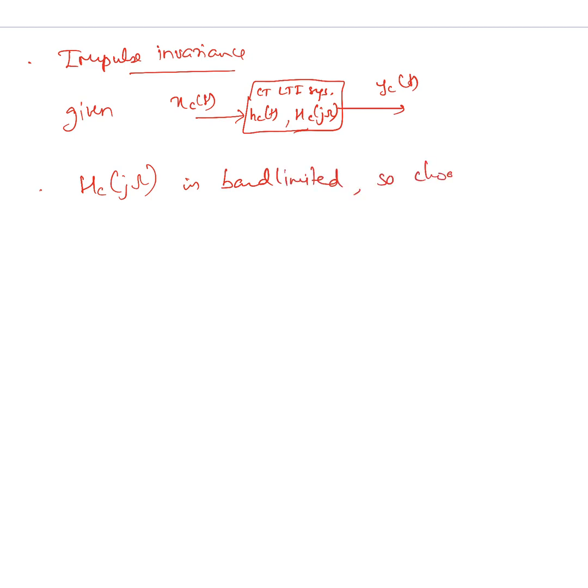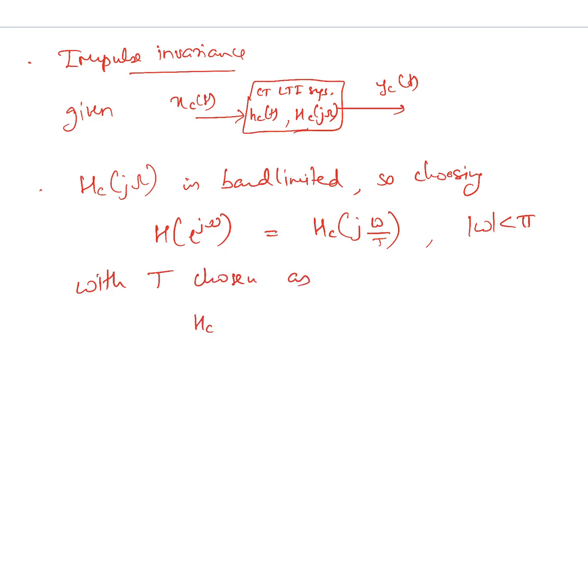So choosing H of e to the power j omega equivalent to Hc of j omega, where big omega is replaced by omega by T, for mod omega less than pi, because it is periodic with 2 pi, with T chosen such that Hc of j omega is equal to 0 for mod omega greater than or equal to pi by T. Then we have the effective frequency response H effective of j omega equal to Hc of j omega.